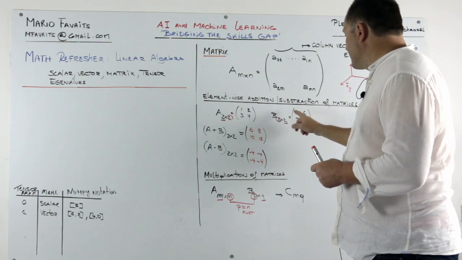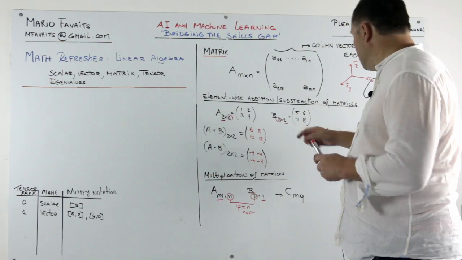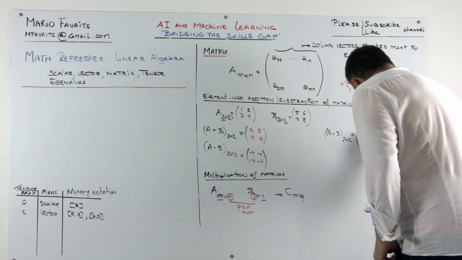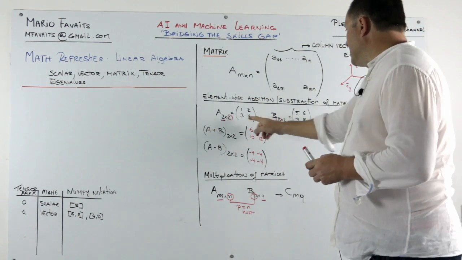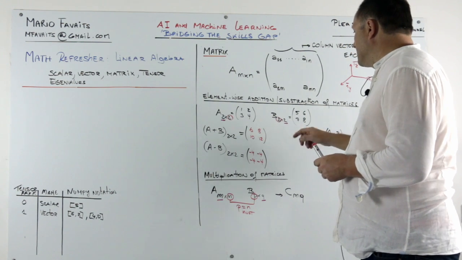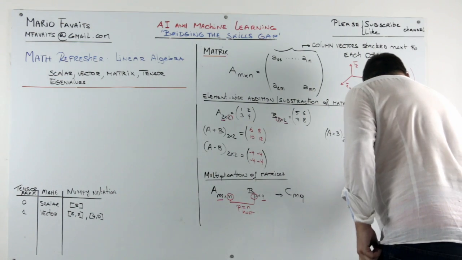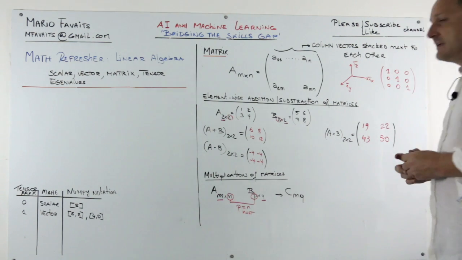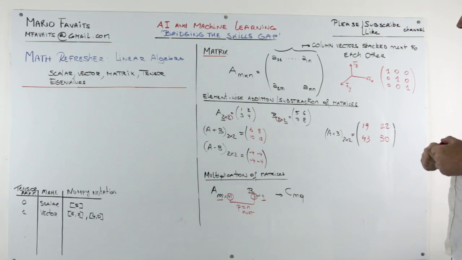Now 3 times 5 is 15, plus 4 times 7 is 28, so that's 43. 3 times 6 is 18, and 4 times 8 is 32, that's 50. Okay, so this is how we multiply matrices.